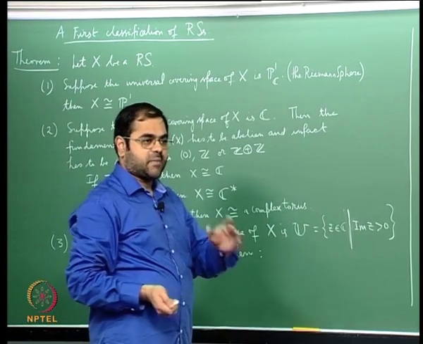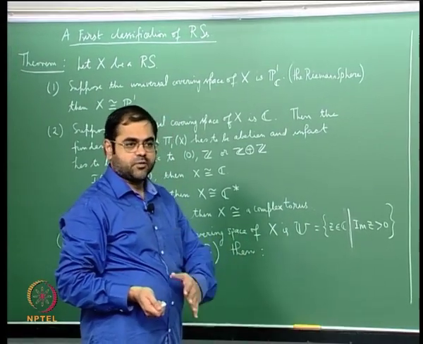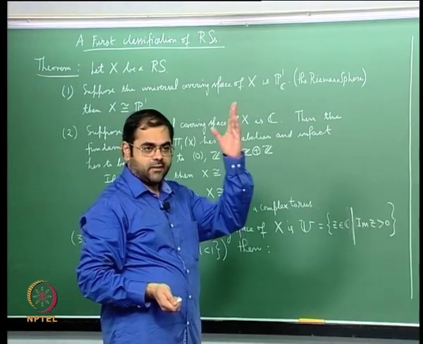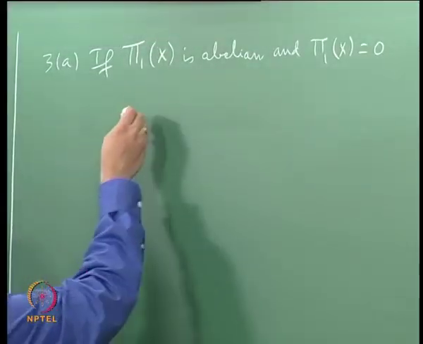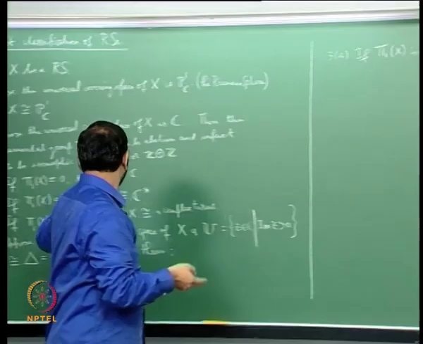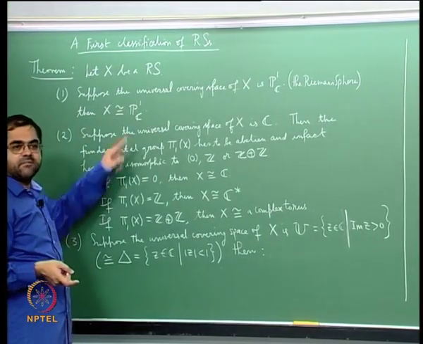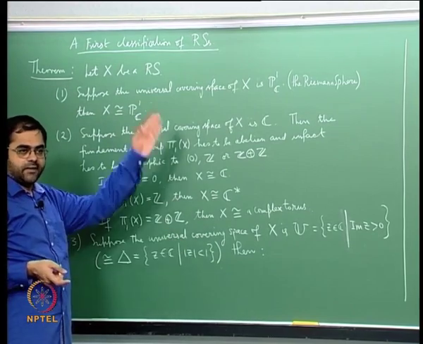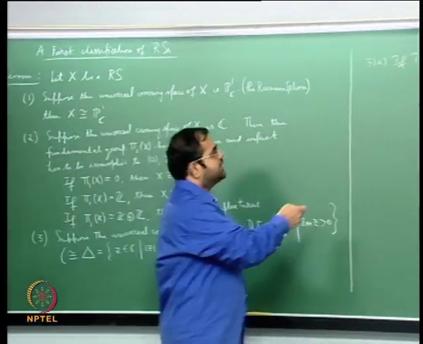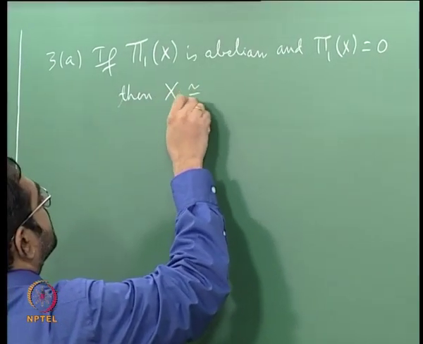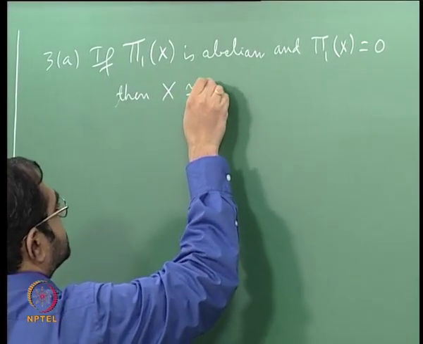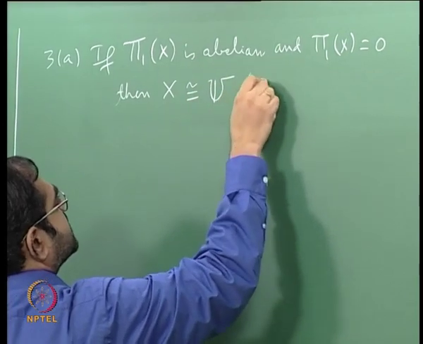The case pi 1 equal to 0 is always going to give you back the simply connected case. So it is not hard to guess in all these cases whenever pi 1 is 0, you have to get the universal cover. So that is what is happening. So then X is isomorphic to just U, which is isomorphic to delta.